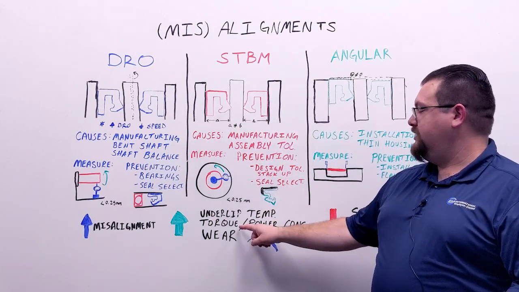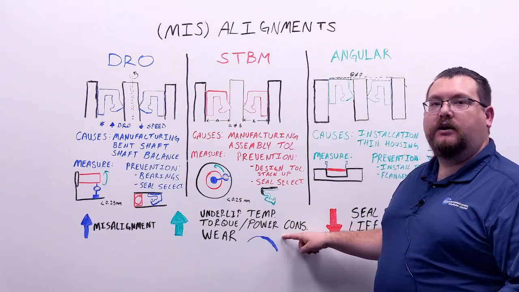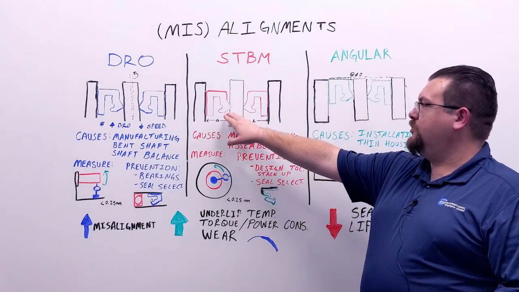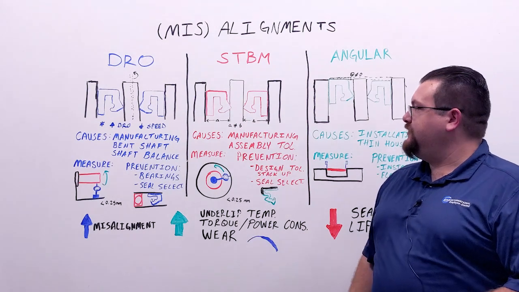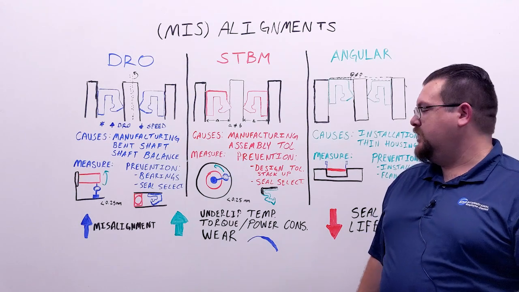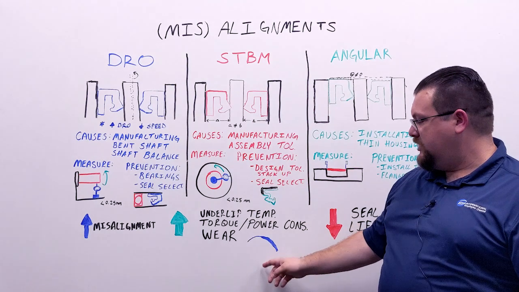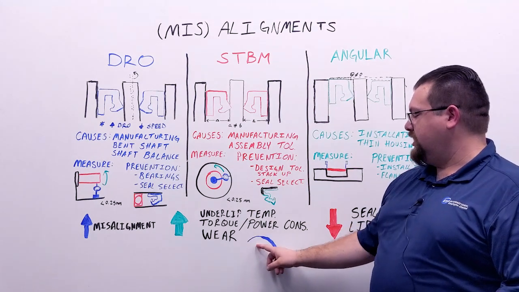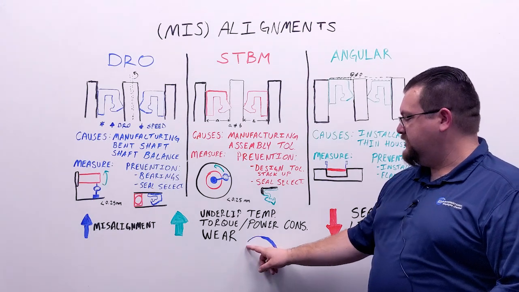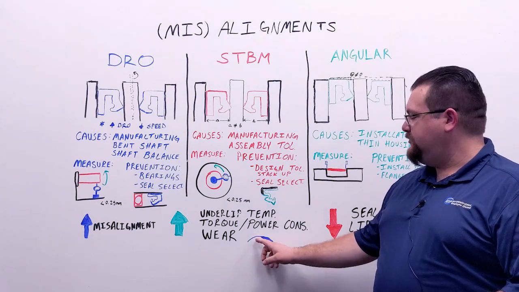That will generate a higher torque, and ultimately will be consuming more power from the seal. Also, when we have higher interference, then we get premature wear. In cases like shaft-to-bore misalignment, the wear is eccentric. We'll have an extreme amount of wear on one side, and the opposite side will have hardly any wear on that seal lip at all.